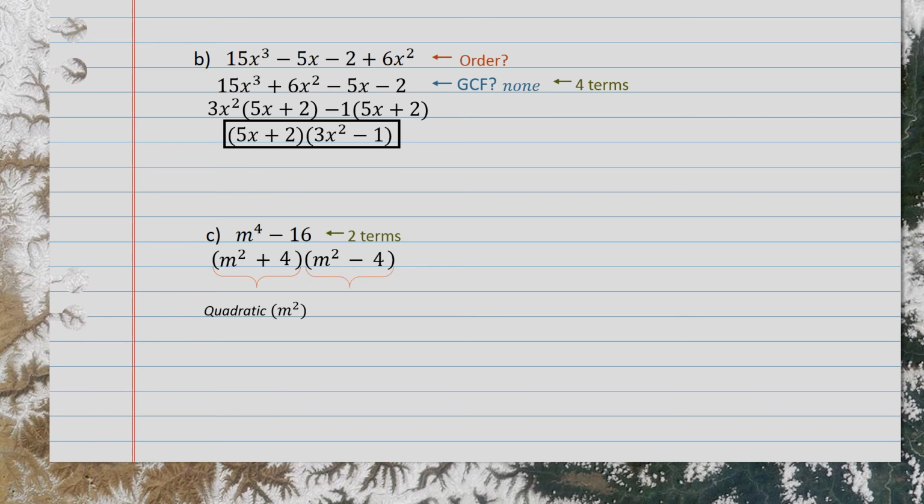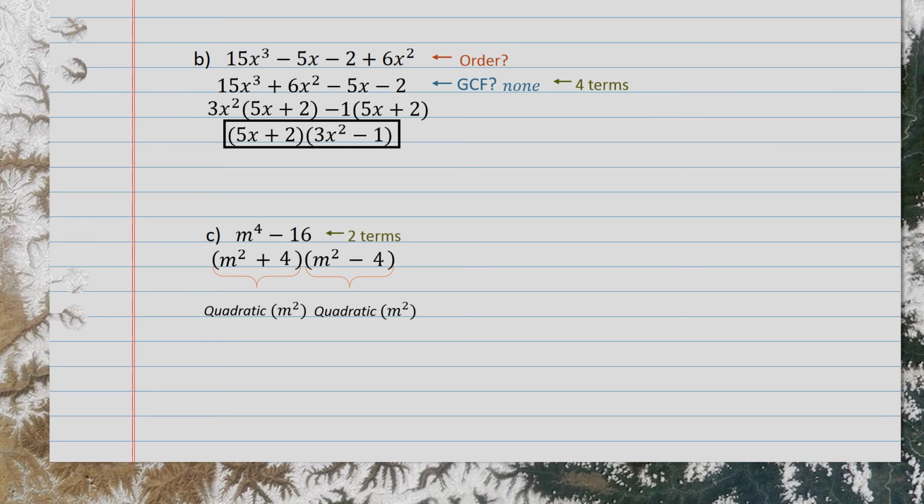This one is m squared minus 4. Is this linear? No. This too is quadratic because it has m raised to a power of 2. So we investigate. How many terms do you see inside the second parenthesis set? Well, there's 2, which means we need to look for a pattern, specifically difference of squares.